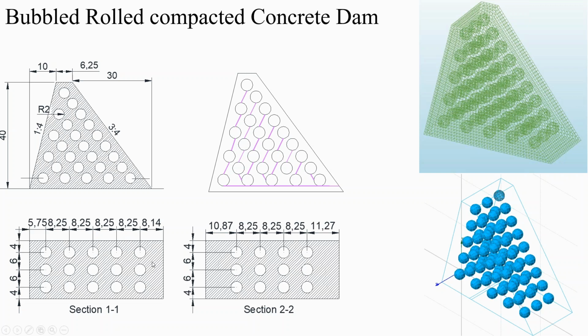Going up, the bubbles were placed staggered as shown. And for eliminating the leakage of water within the bubbles, a drainage system was proposed for dissipating the leaked water towards the downstream. As you can see in this system.